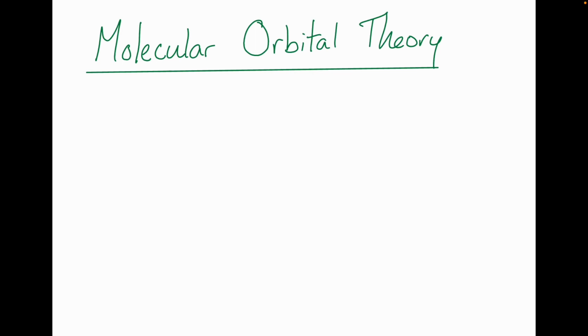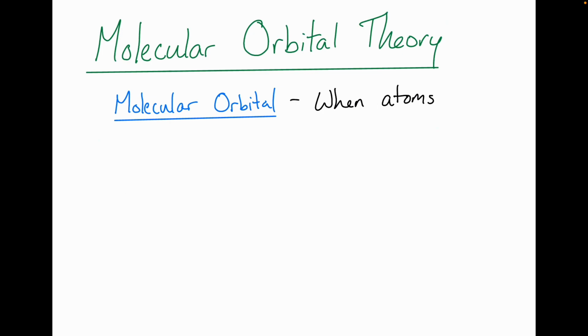So, what is a molecular orbital? Okay, so when atoms form covalent bonds, their atomic orbitals, right, where their electrons are living, their atomic orbitals will mix together.